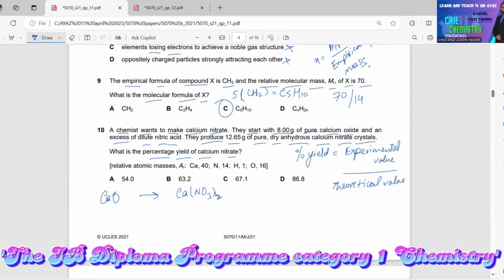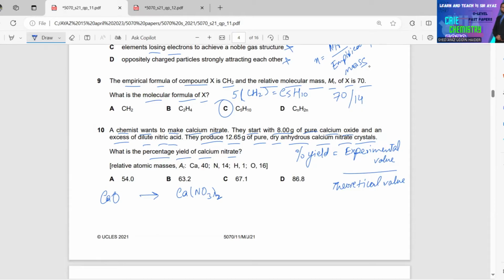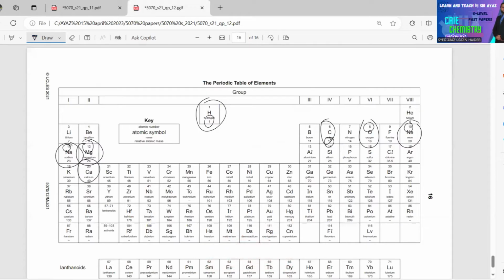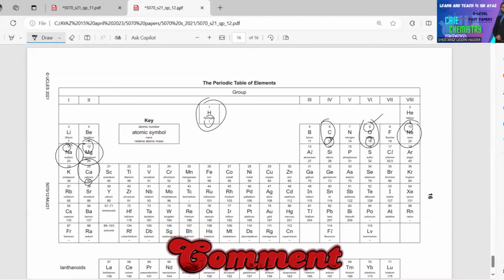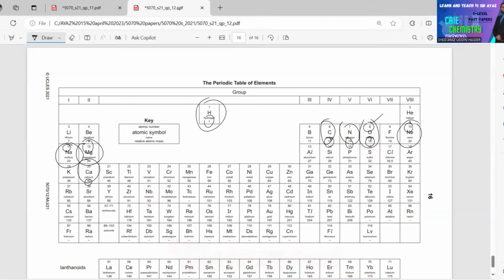Now, first of all, I need to find the Mr of these. This will be expressed in grams. Here's calcium, Ar is 40. Oxygen, Ar is 16. What about nitrogen? Ar is 14.